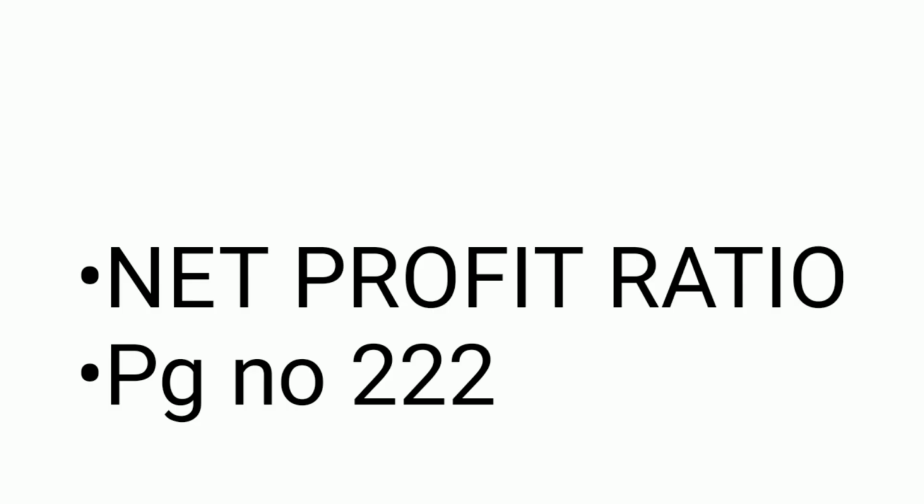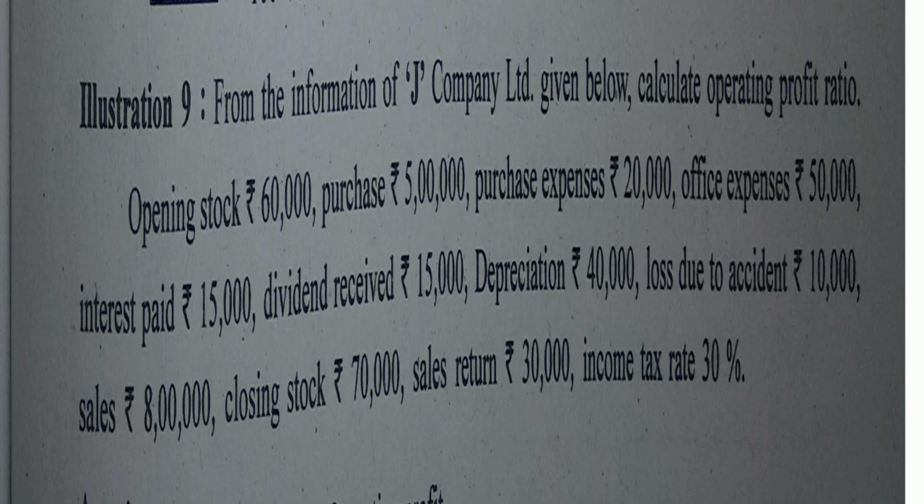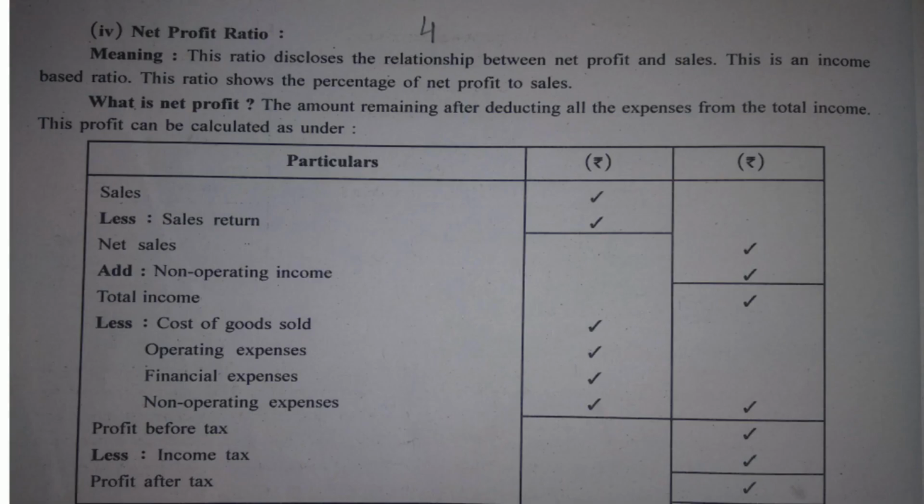So let us go back to the question of illustration 9. Yes, we have obtained COGS. We have also obtained operating expenses that we are supposed to deduct. Next is to deduct financial expenses. From this question, financial expense is only one: interest paid, which is 15,000. So let us write it down.